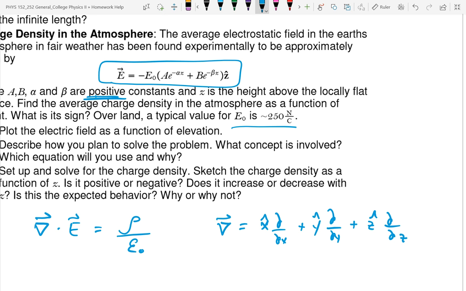So the x hat is multiplied by 0. The y hat is multiplied by 0. And I'm just going to have my z hat and z hat dotted together. So I'll have partial with respect to z of that whole thing. I drop off the z hat because I did the dot product. And so you're just calculating that derivative. Boom. It's really kind of quick and easy. I like quick and easy. I hope you do too.